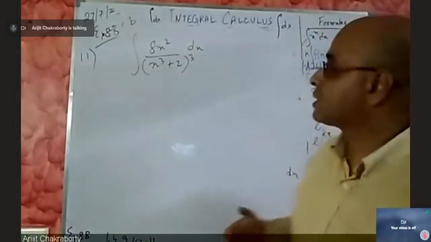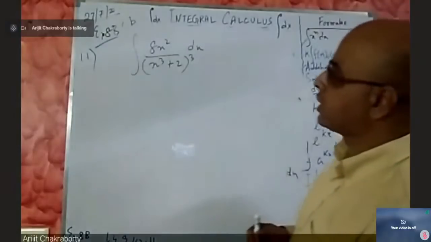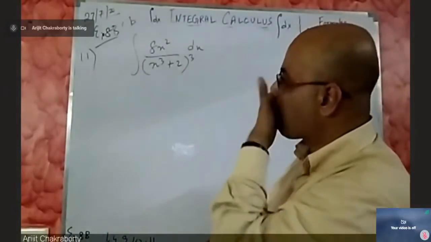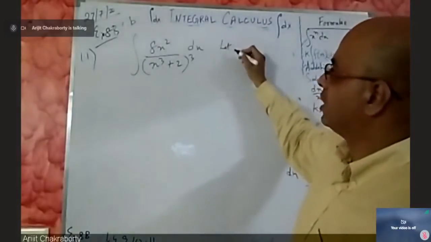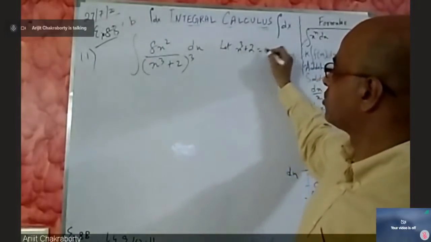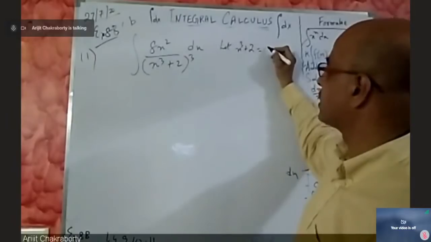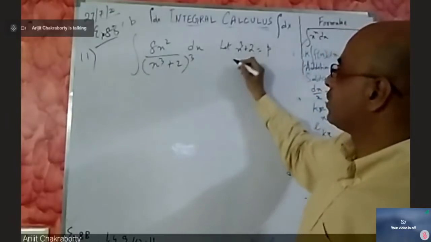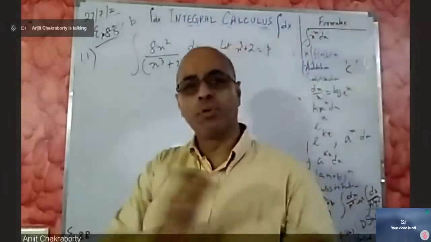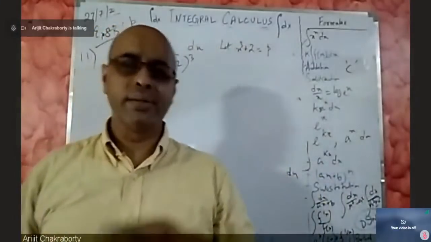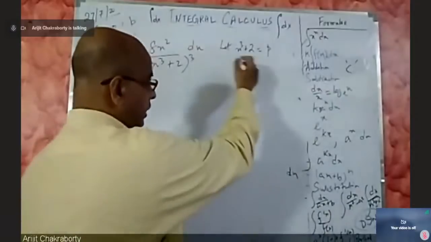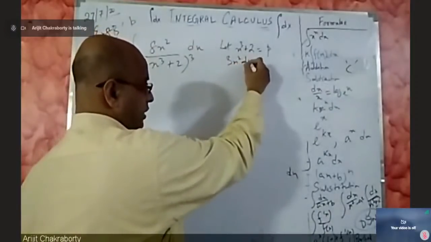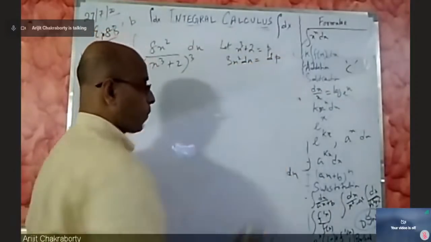So what I do is I again substitute and I take let x cube plus 2 equal to, say I take it as p. So I can write, taking derivative of both the sides, what I get is 3x square dx equal to dp.